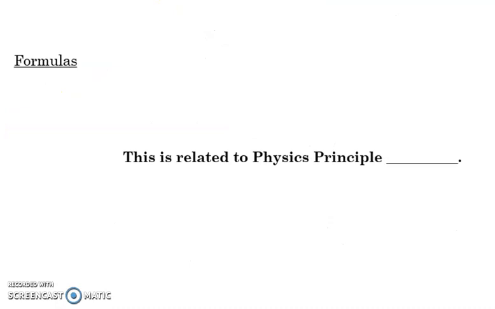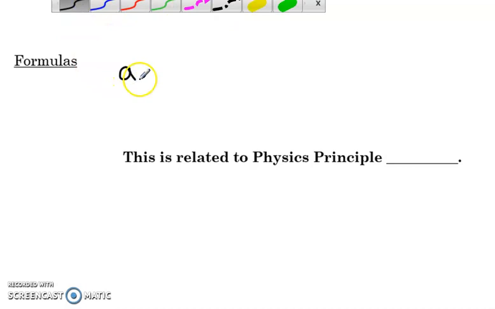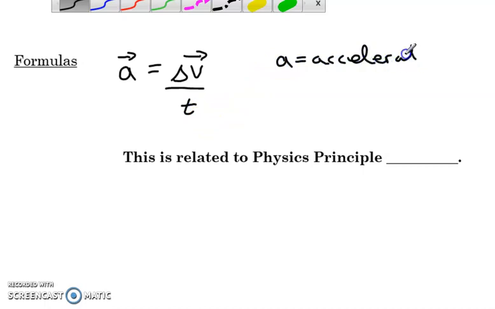The formula associated with this is acceleration, which is a vector, equal to the change in velocity over time, where a is acceleration and v is velocity. So we've got delta v, which means change in velocity, over time.